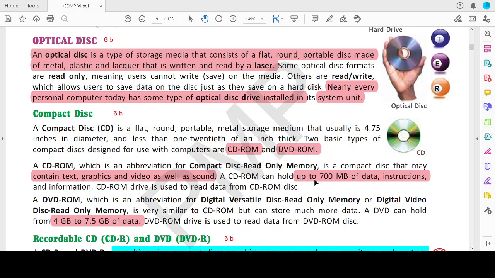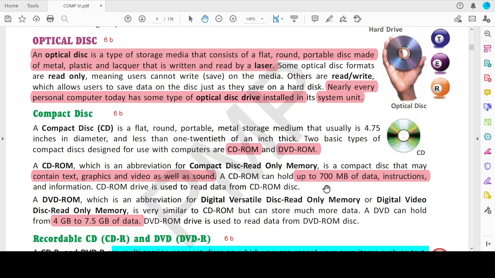So how is it different? It is 700 megabytes, and 1 gigabyte is equal to 1024 megabytes. So it is far less than 1 GB, right? The capacity of a CD-ROM is less than 1 GB, and it is up to 4 GB in case of a DVD-ROM.